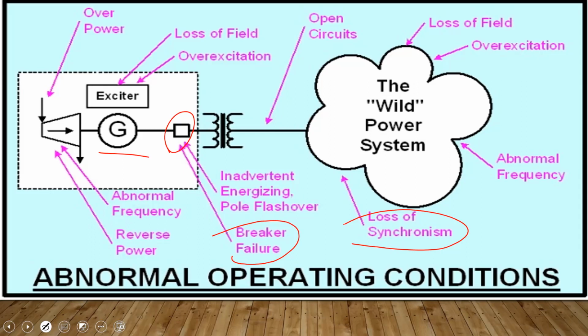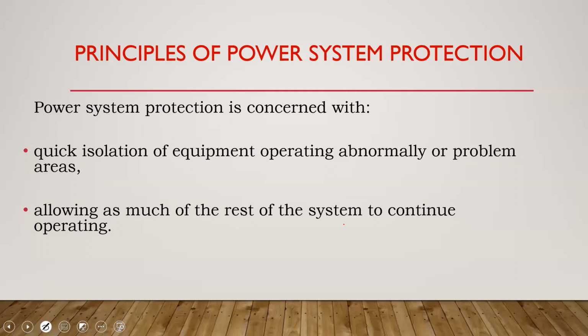Now, at the core, why is it important for us to have the protection system or protection scheme, as we will speak to later on? All of these abnormalities, what really drives us? Remember, we said at the beginning that the purpose of your power system is to provide reliable power to our customers.